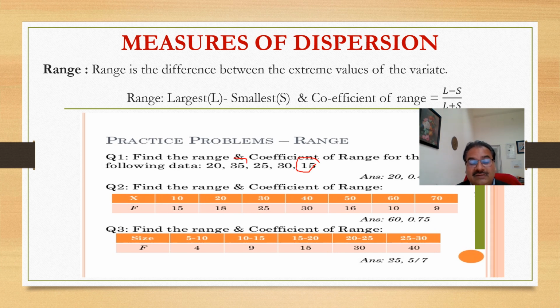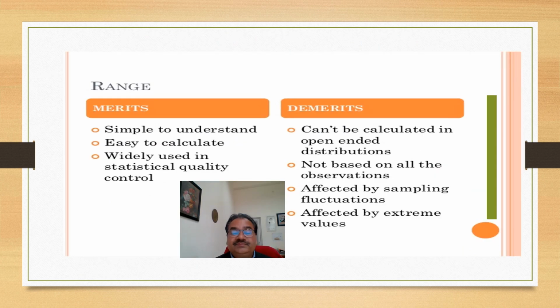So the range is 35 minus 15, that is 20. The coefficient of range is L minus S, which is 20, divided by L plus S, which is 50. So 20 divided by 50 is 0.4. Similarly, you can practice these two problems.